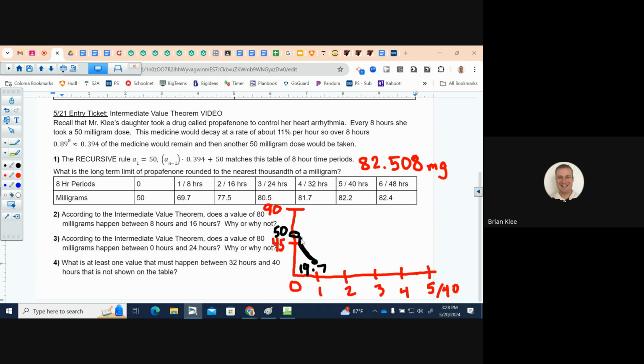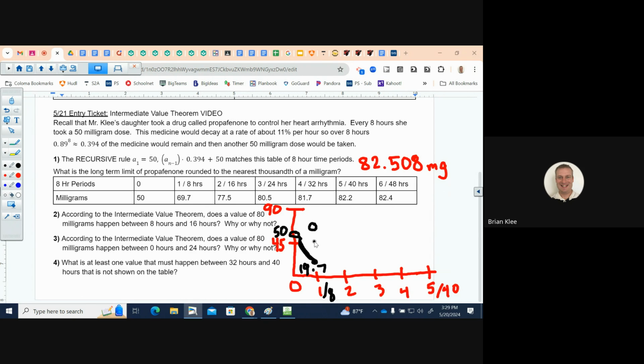So intermediate value theorem for 0 to 8 hours says we're going to get a number between 50 and 19.7 because we're continuous over that span. All right. She's at 19.7, and she's going to take 50 more milligrams. So after 1 8 hour time period, she is now going to be a little higher up here at 69.7.